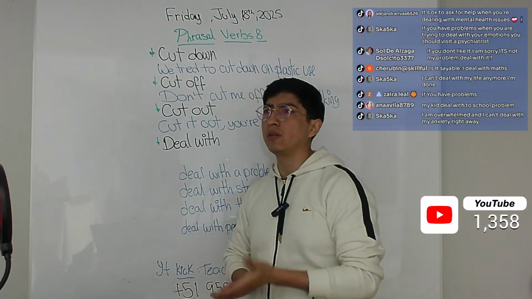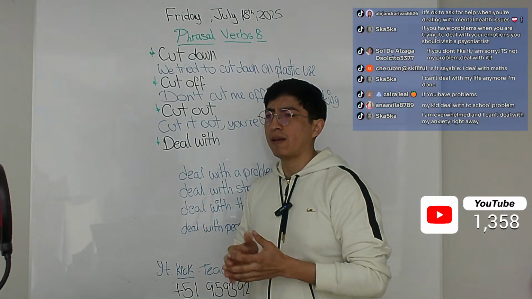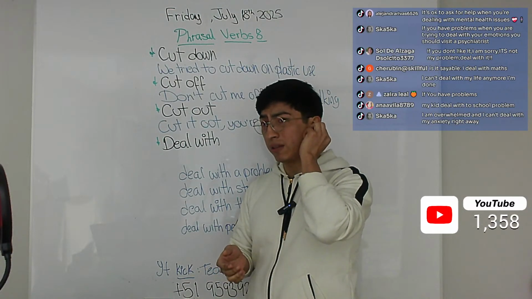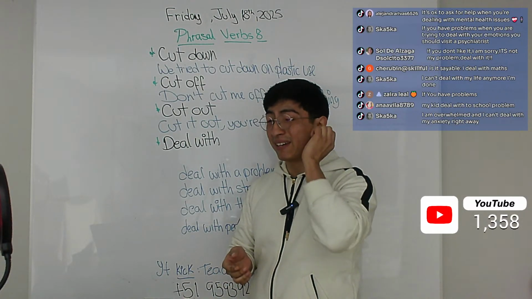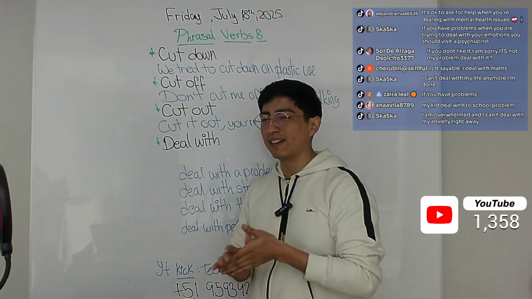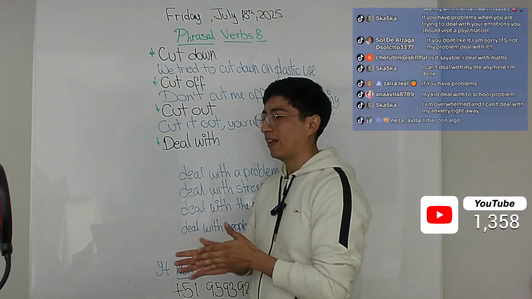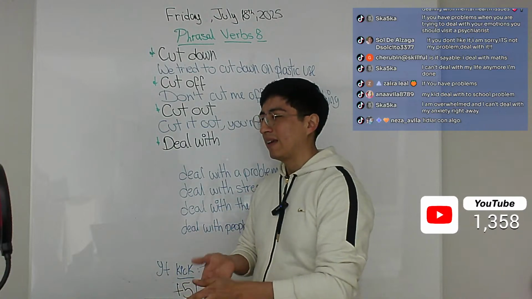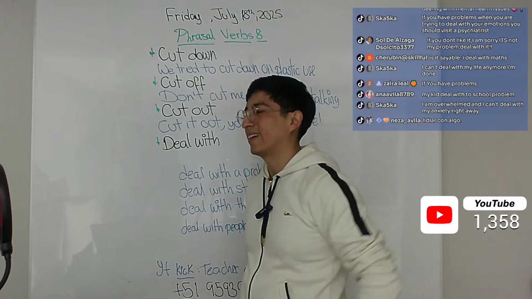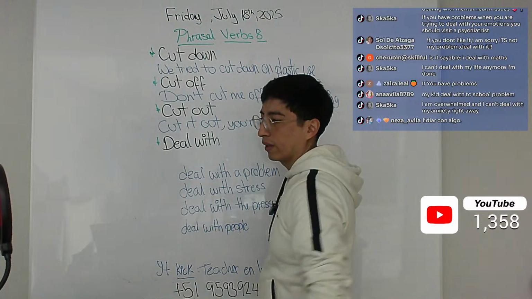If you work in, for example, customer service, you have to deal with a lot of problematic people. Customer service jobs are so hard sometimes because you have to deal with a lot of people that are very toxic. So in this case, we have here all of the examples with deal with.